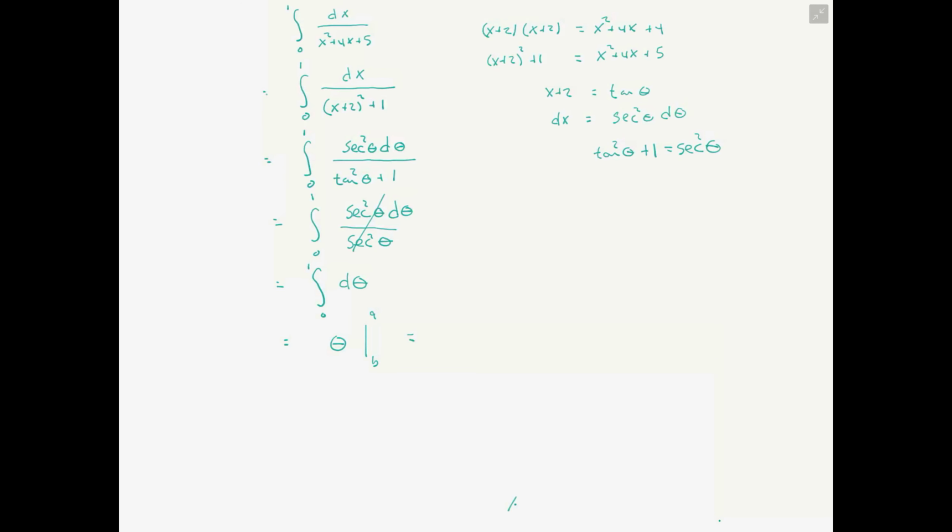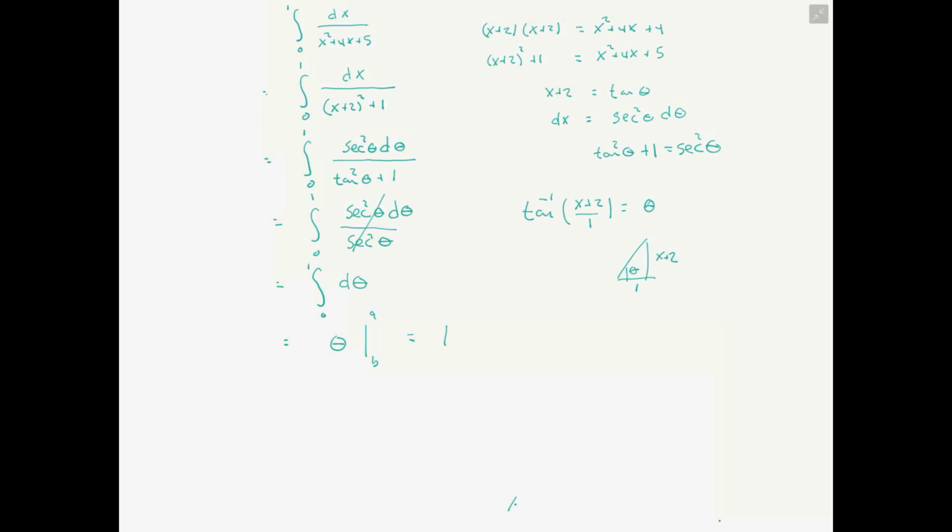So theta in this case: x plus 2 on 1 equals tangent theta. But if we take the arctan of that, then we have theta equals x plus 2 over 1.